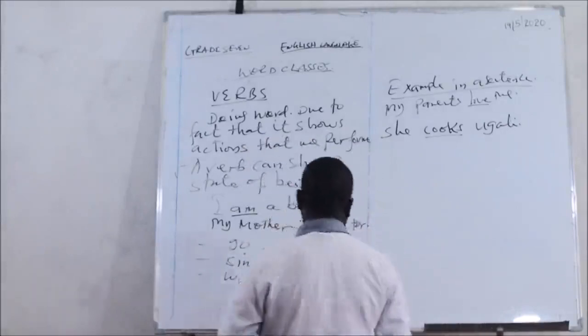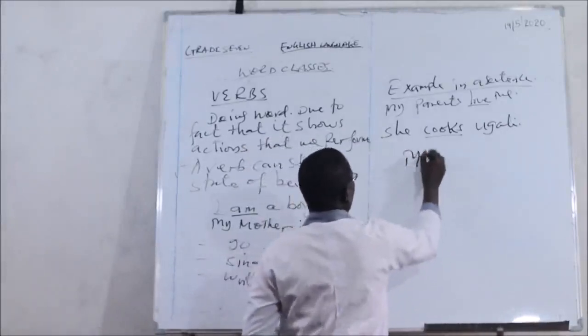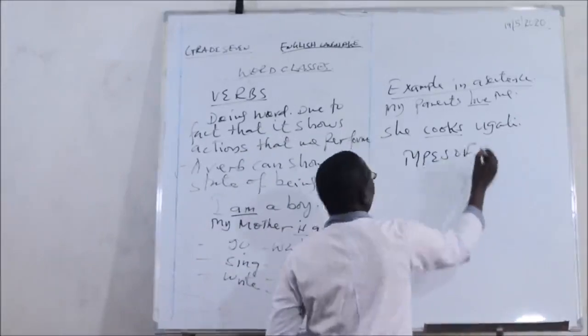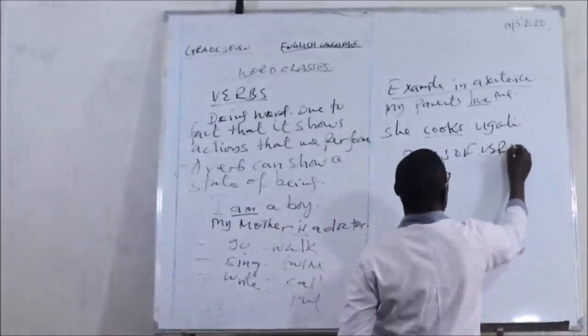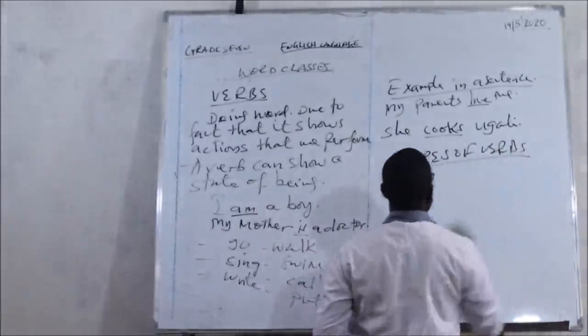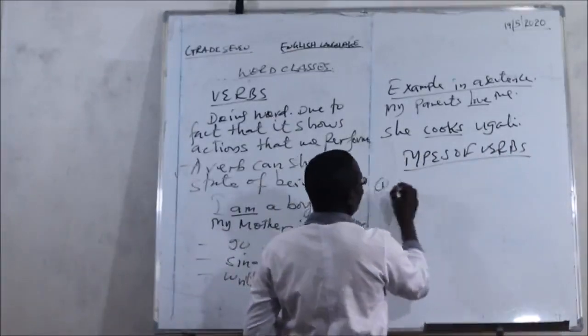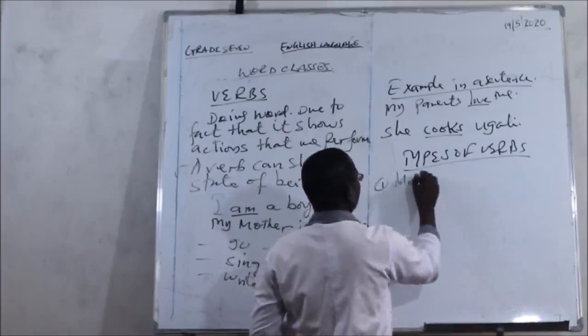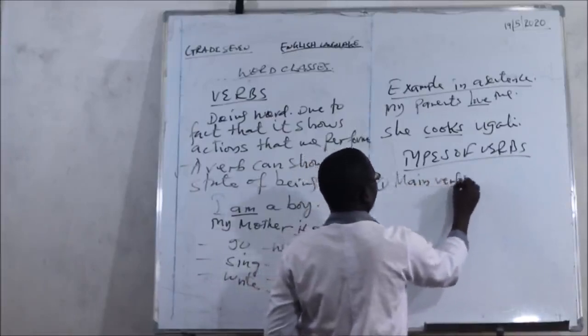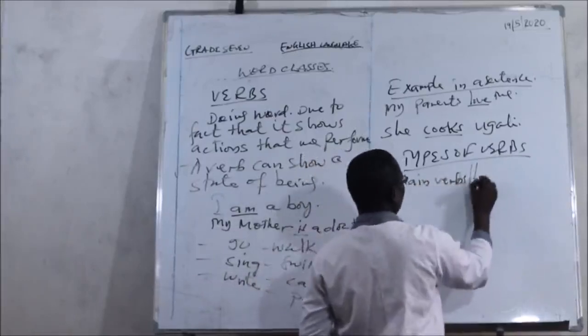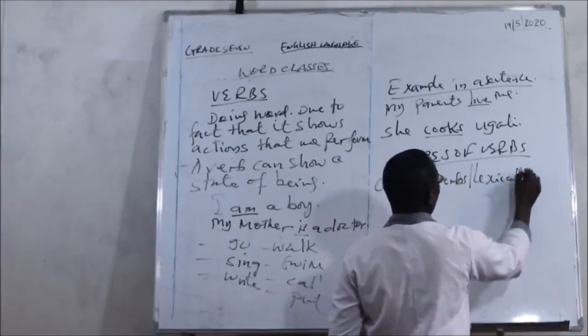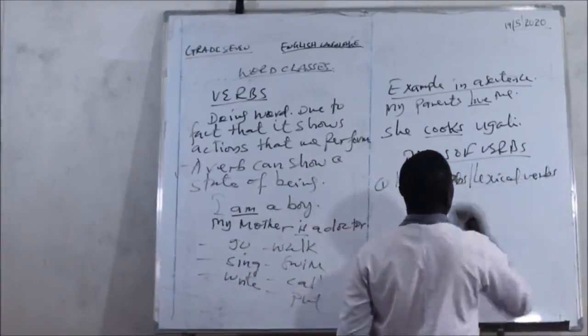Now, types of verb. We have said we have two of them. This is the main verb or lexical verb.